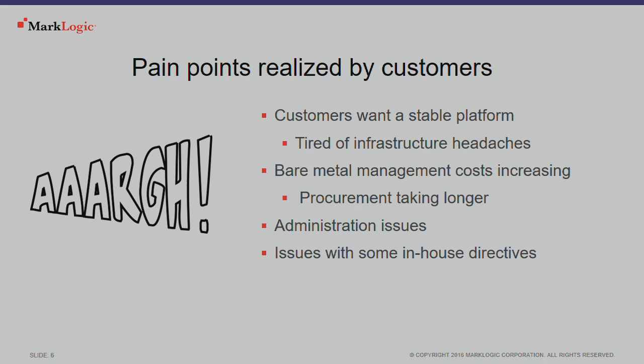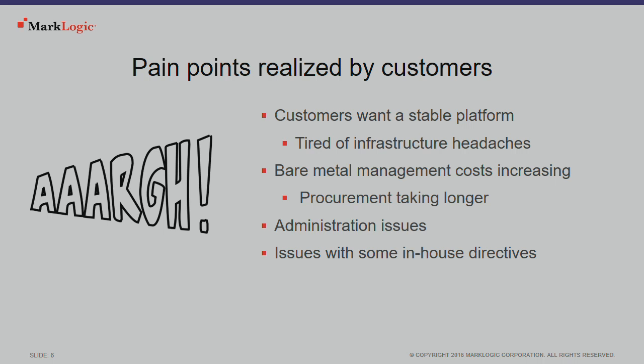And so what they're also finding is, as far as bare metal, the costs are not going down. They're either going up or it's costing more for them to implement an internal infrastructure to meet their needs. This could be due to internal budget constraints, or maybe you just don't have enough resources to procure all the hardware that you would need for your environment. And with administration, environments are getting bigger, they're getting more complex, there's more moving parts.